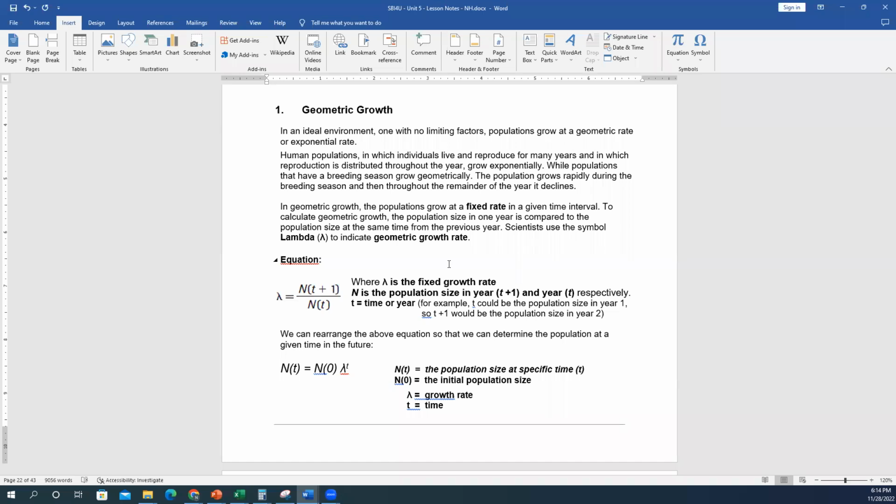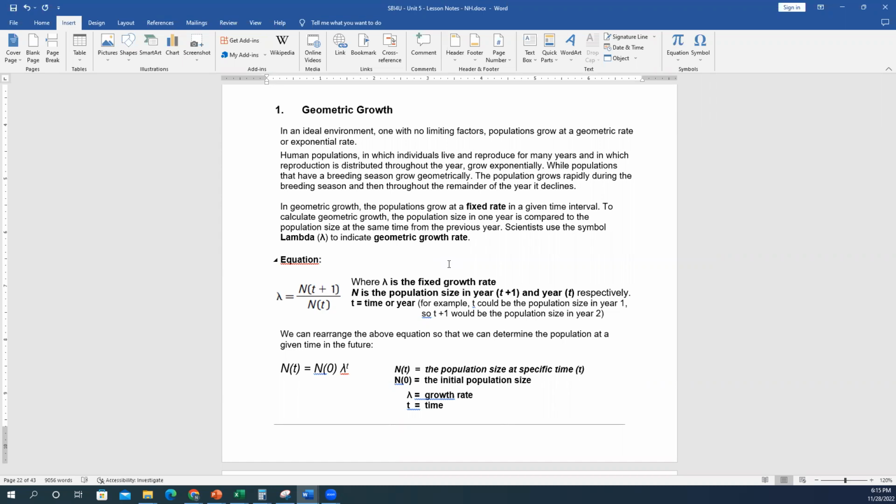But in, for example, human-type populations, where individuals live and reproduce for many years, and our reproduction is distributed throughout the year, we get exponential growth. While in certain populations that may have a breeding season, where population growth is limited to those times, that is a geometric type of population growth.